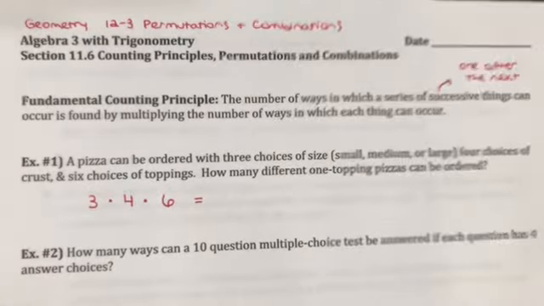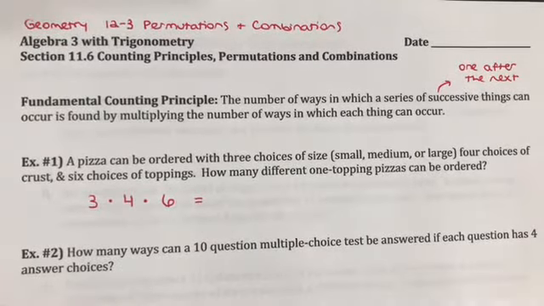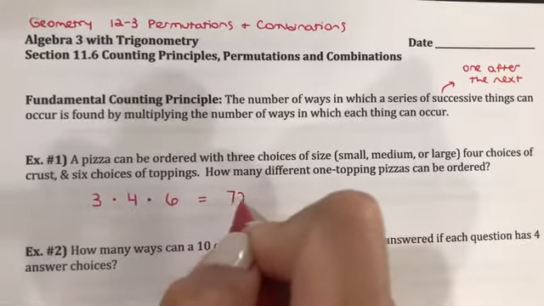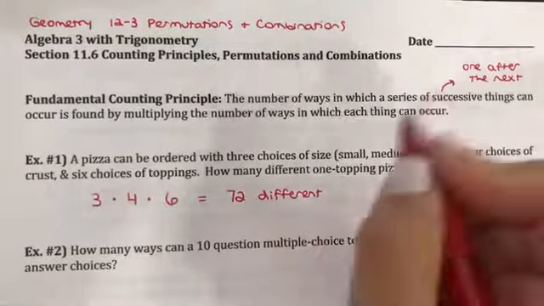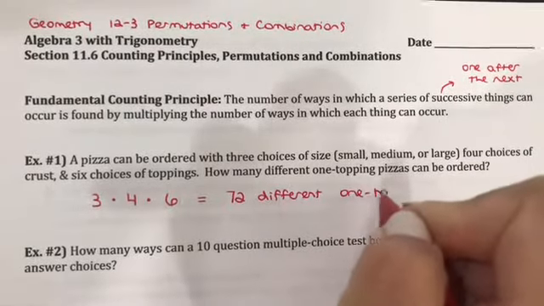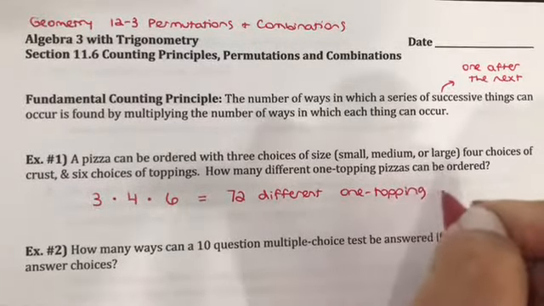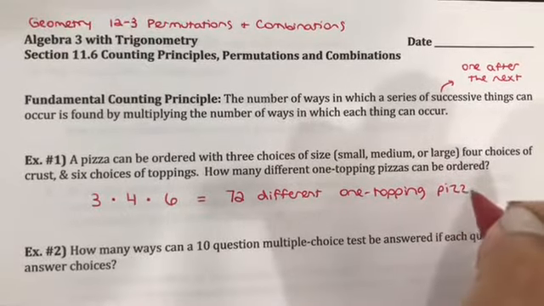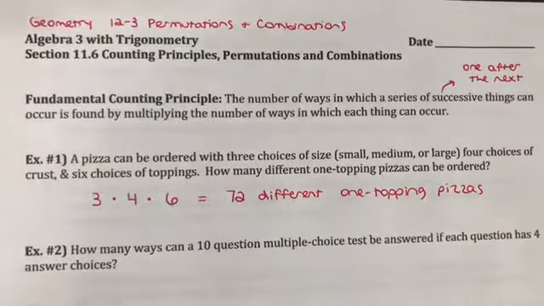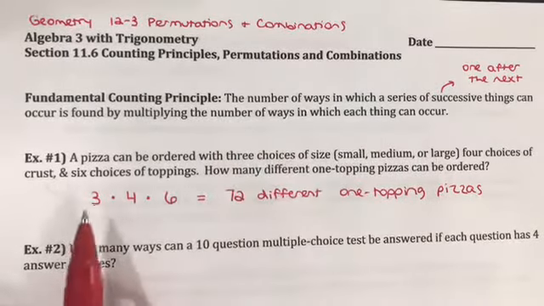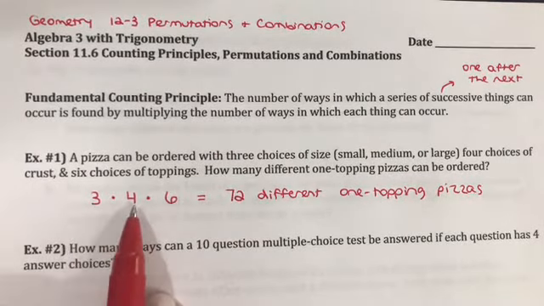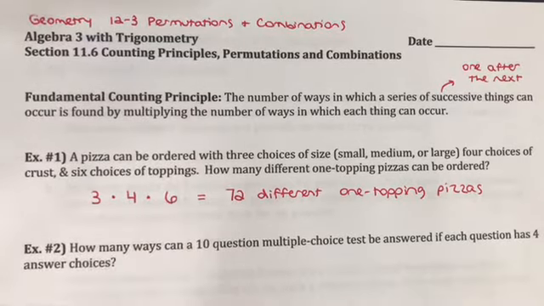And so when we multiply, that's going to give us 72 different one-topping pizzas. So we're multiplying the number of ways in which each thing can occur. In this case, we've got size, crust, and toppings.